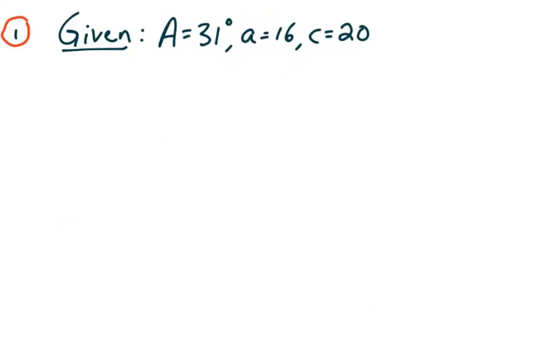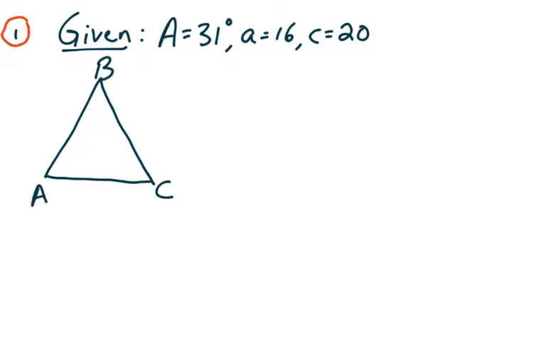Here we go. Let's try example number 1. We're given triangle ABC, and the best thing to do with all of these is always to draw the triangle with what you're given, so that you know whether we have this special ambiguous case. Because maybe we don't, and if we don't, we can just treat it like a normal law of sines or cosines.